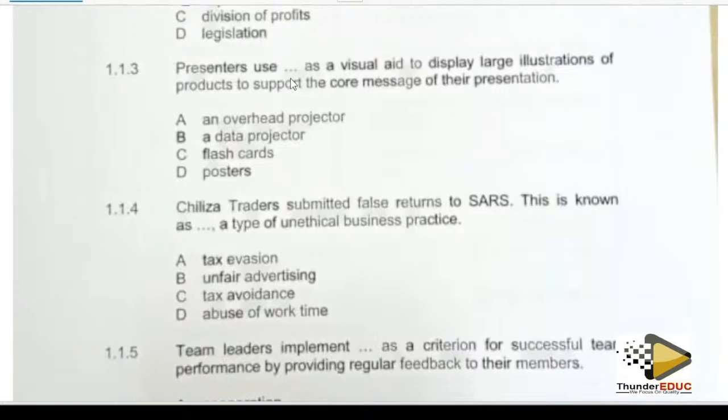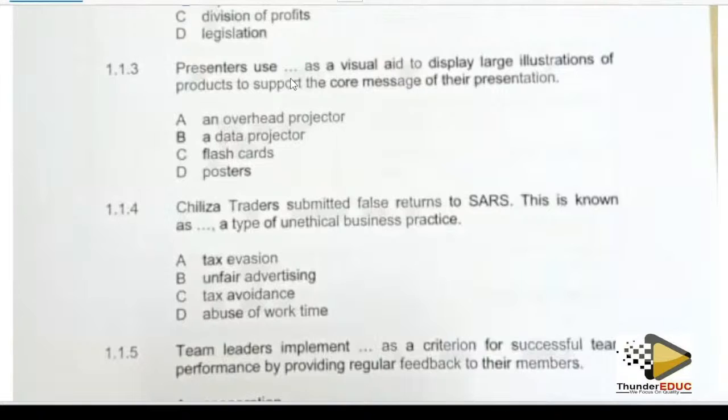So now what are these visual aids? Visual aid here we refer to such as diagrams, tables, PowerPoints, flip charts, and the like.